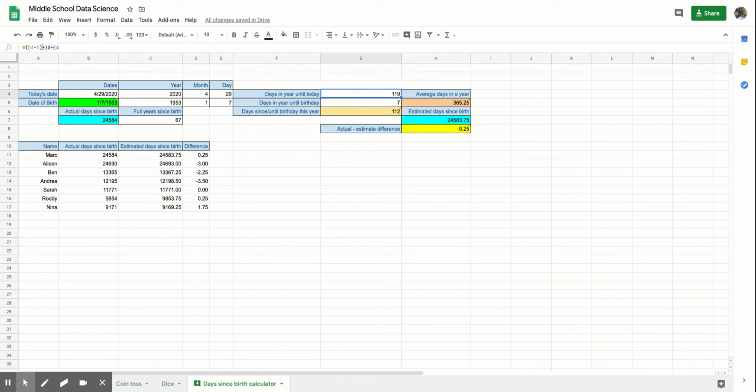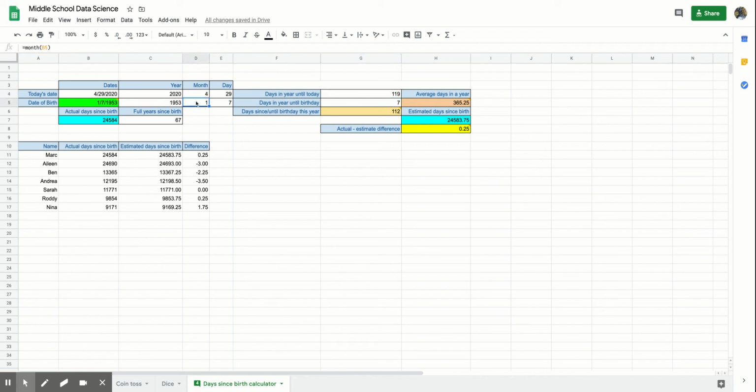I just want to count the months that are already passed. So that's D4 in this case minus 1 times 30. So we're saying there's 3 months. They all had 30 days, even though we know they actually didn't, but we're going to pretend they had 30 days, plus however many days have passed in April. So that's what this formula does. It takes 4 minus 1, which is 3, times 30, which is 90, plus 29, which gives us 119.